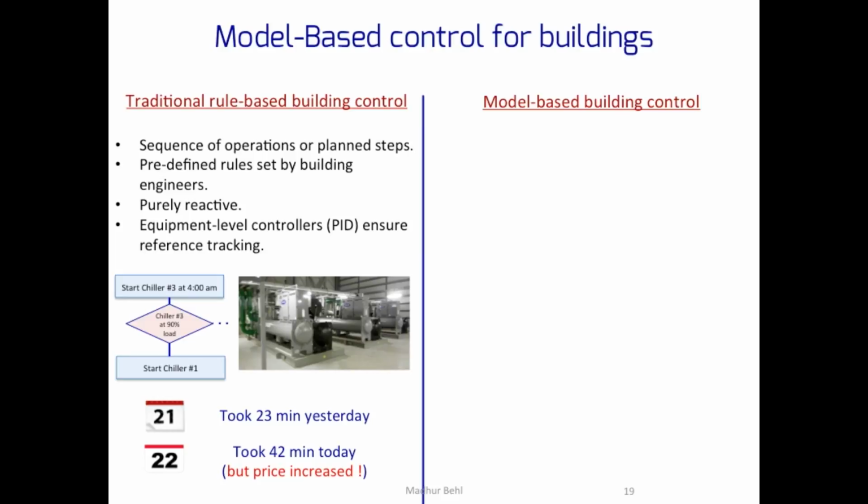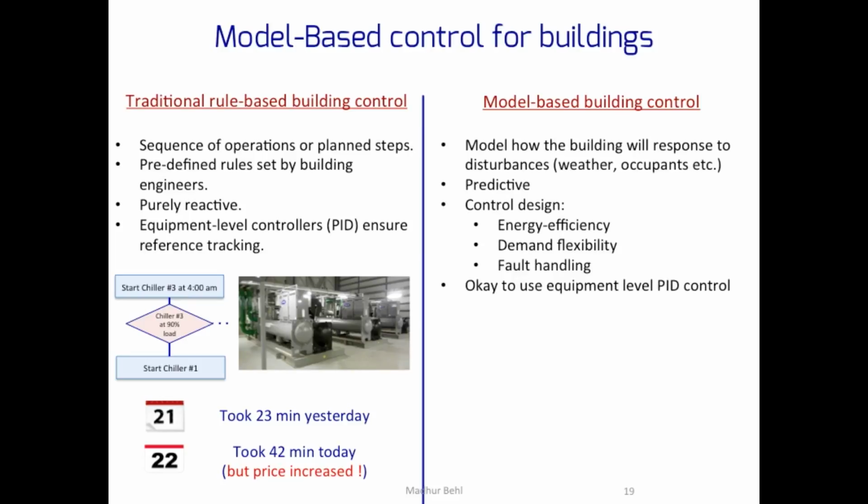So that's why an alternative to this rule-based control is model-based control, in which we want to learn models of how the building would respond to changes rather than just come up with these fixed rules. And once we have these models, instead of being reactive, they are predictive models and then allow us to design controllers which can optimally trade off energy efficiency and demand flexibility against thermal comfort.